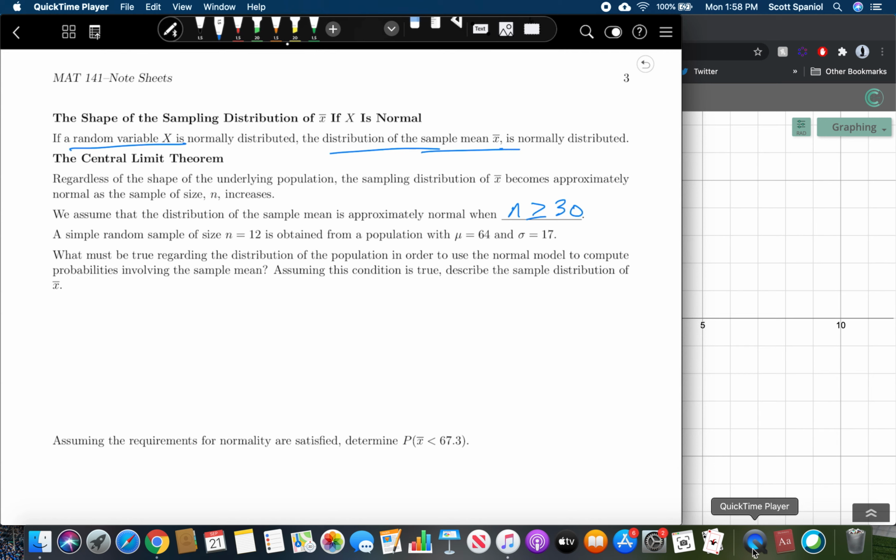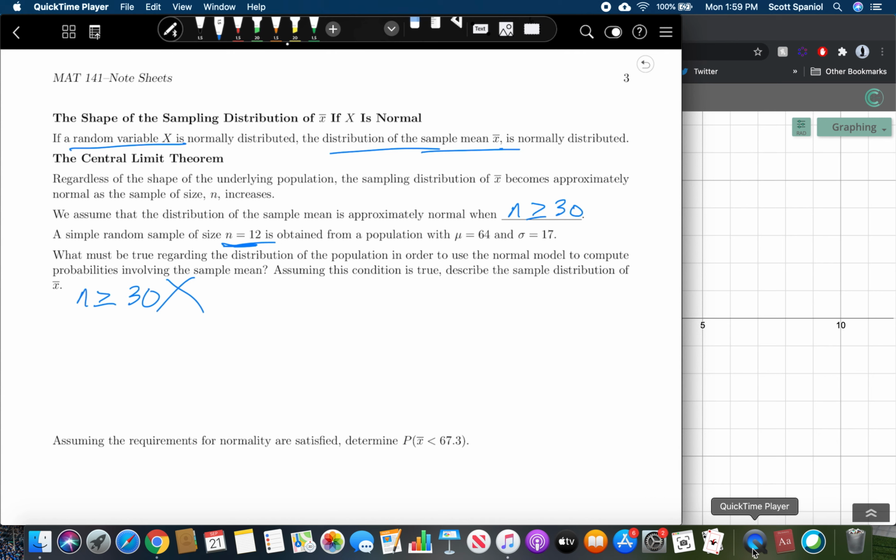what has to be true in order for this to be normal? Well, one thing is n could be greater than or equal to 30, right? That would meet the central limit theorem. Is n greater than 30? No, that doesn't work. So we need another way. Well, that gets us back to this first theorem up here at the top. It says if the random variable x is normally distributed, then the distribution of the sample mean would be normally distributed.